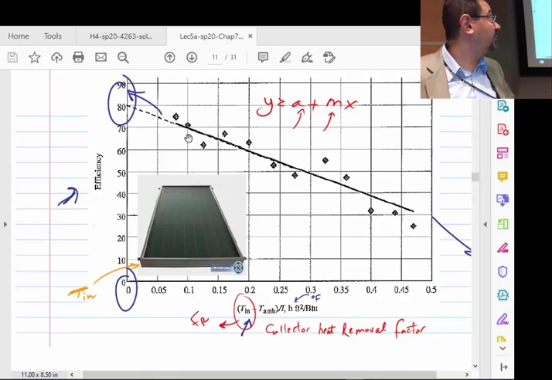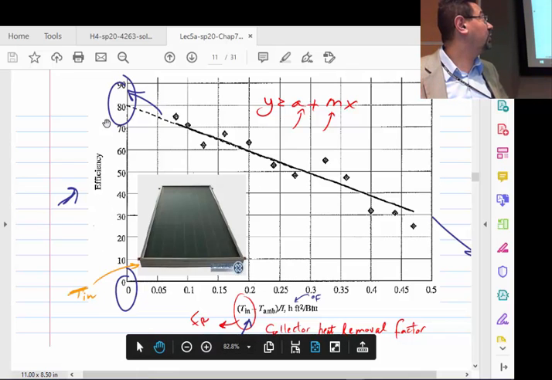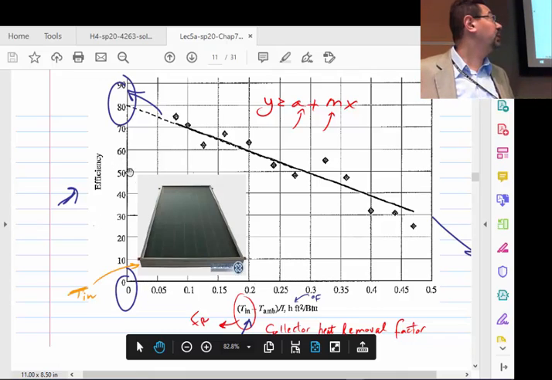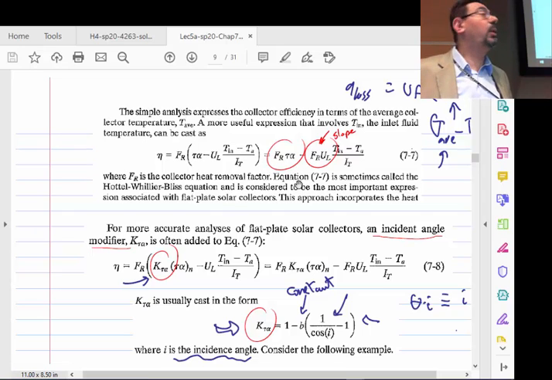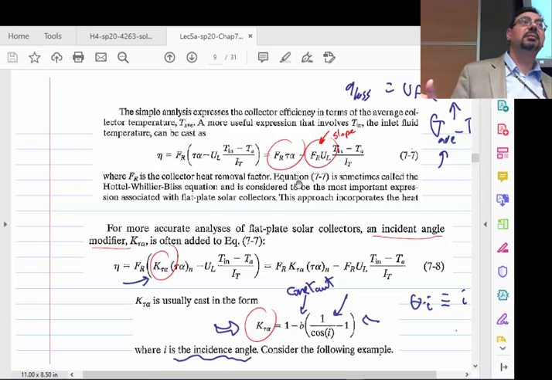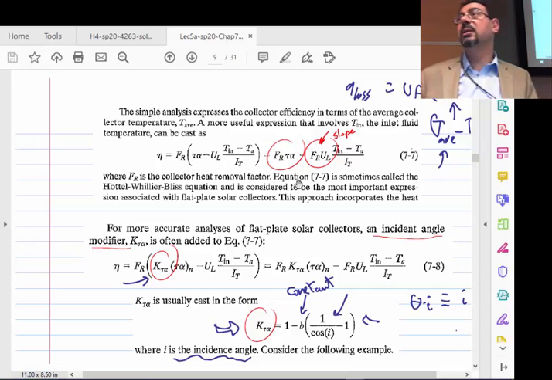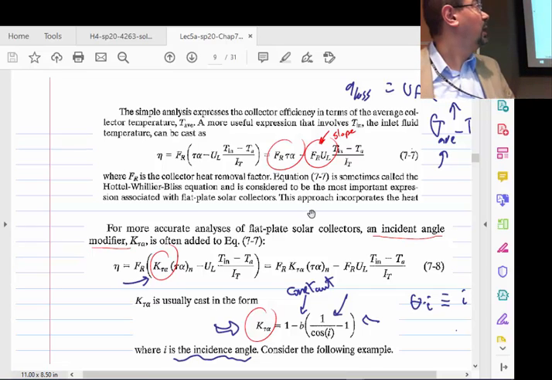But if you plot the best fit line through it, and you extend that line over here, and you read 0.8, that 0.8 that you just read, because it's 80%, so it's 0.8. That 0.8 is what? That 0.8 is FR tau alpha. Okay, that is the intercept. Correct?